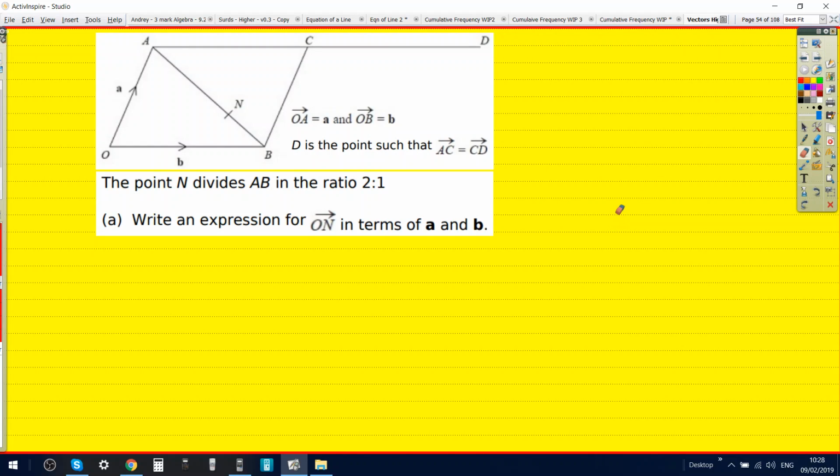Okay, how about this? O to N in terms of A. So would you do O to B is plus B? Okay. And then would it be from B to N? Would it be 1/3 of... it'd be 1/3.